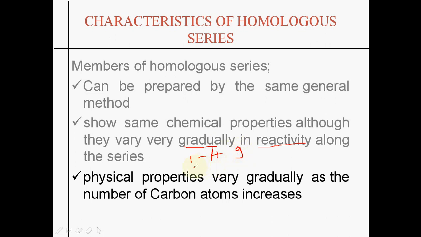Then from member number 5 to somewhere about member number 12 to 16, you find them in liquid state. Then from 13 and above, you find these changing slowly into solids. That's why we have the Vaseline and petroleum jelly that we talk about.